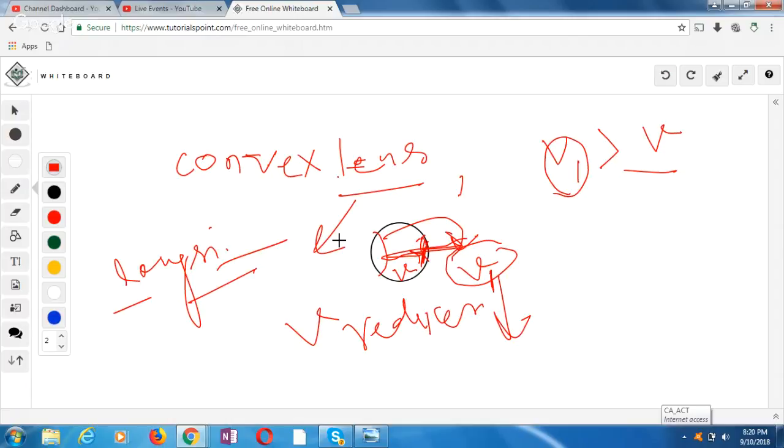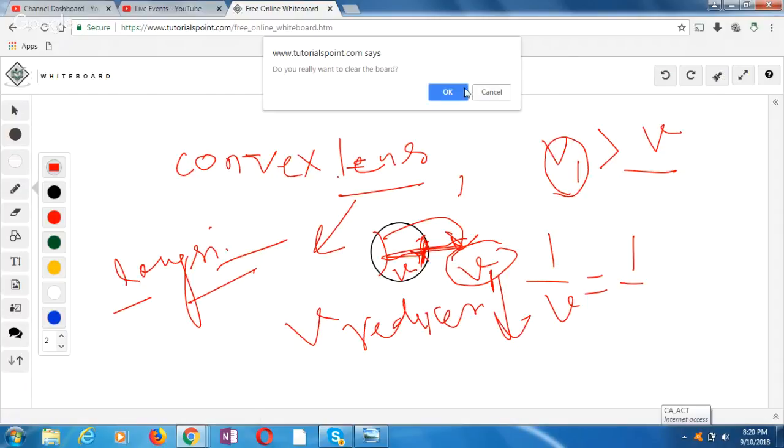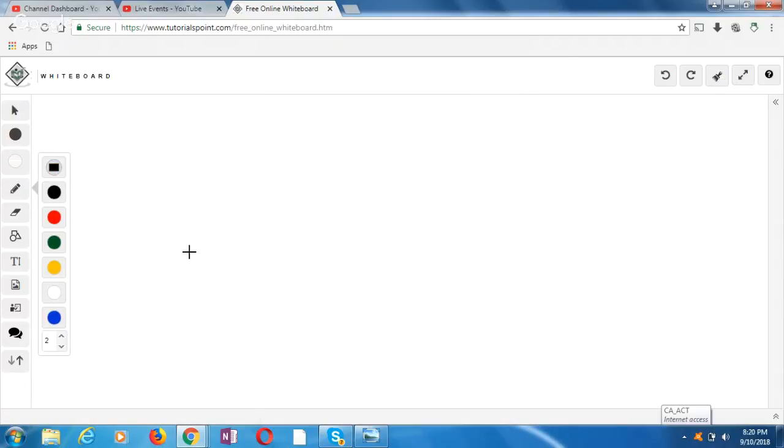How does a convex lens help in overcoming long sightedness? So I'm writing this, try to understand. The formula is 1 by V minus 1 by U is equal to 1 by F. Now for a convex lens this U would be negative, so let me use the sign convention.